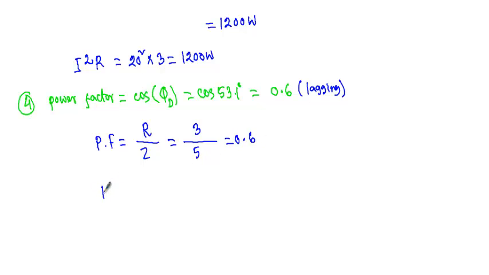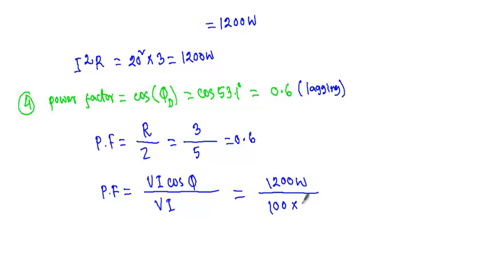Or we can calculate power factor by taking the ratio of VI cosine phi, real power, divided by apparent power. Here VI cosine phi is equal to 1200 watt and VI is equal to 100 into 20, so it will be 1200 watt divided by 2000 watt.